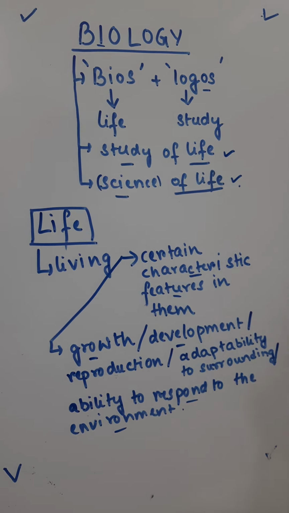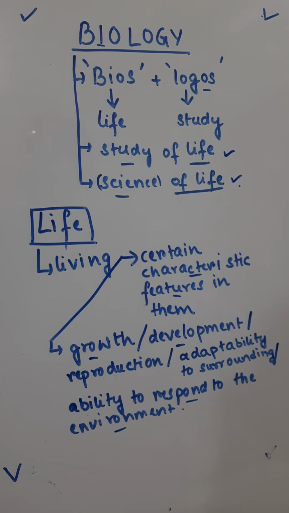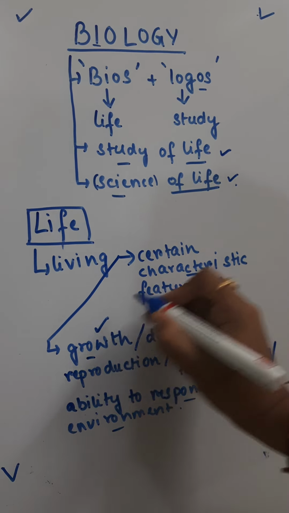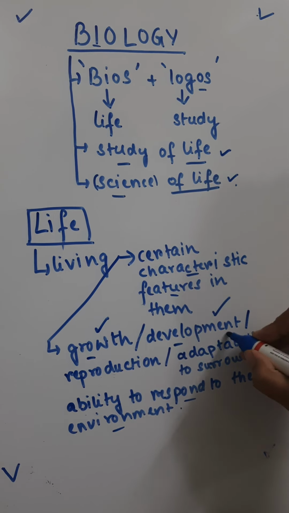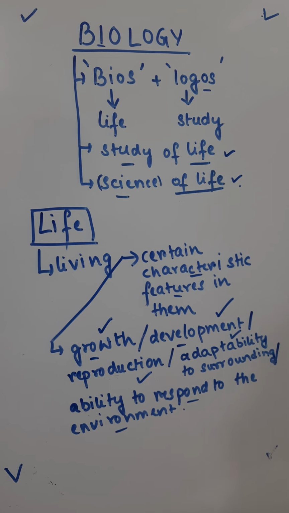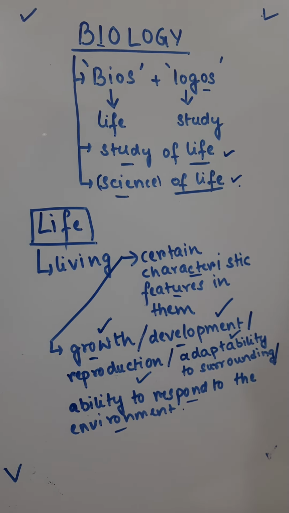So reproduction is not 100% essential, but of course it is one of the characteristic features of life. But growth, development, adaptability to the surrounding, and ability to respond to the environment are the essential features of life.